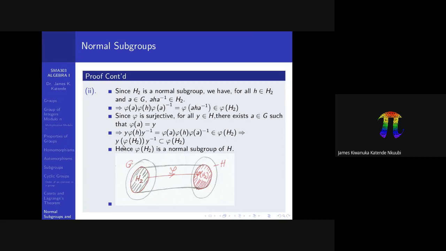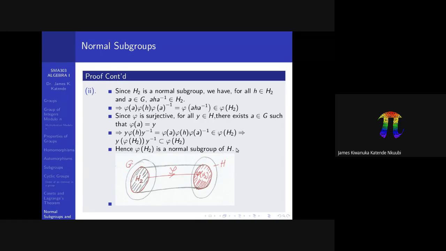And from there, we can conclude that y multiplied by the image of H2, y inverse will always be a subset of the image of H2 under this homomorphism.